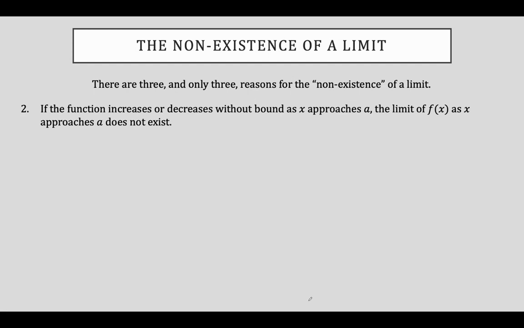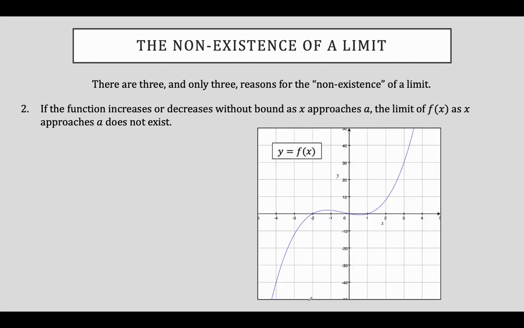All right, one more example where we have a function increasing or decreasing without bound. Here I have another graph. This is y equals f of x, and here we are asked to evaluate the limit as x approaches -infinity. All right, this is known as a limit at infinity. What is happening to the function values as x becomes an increasingly large negative number?